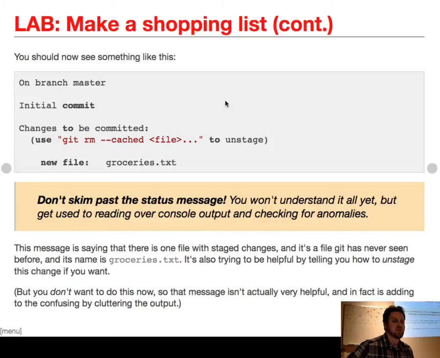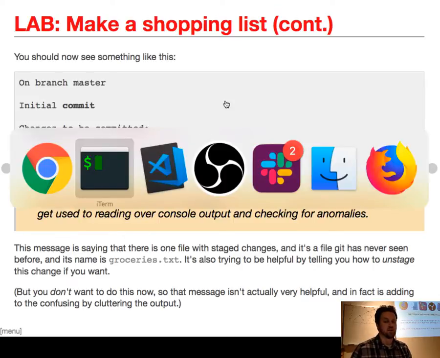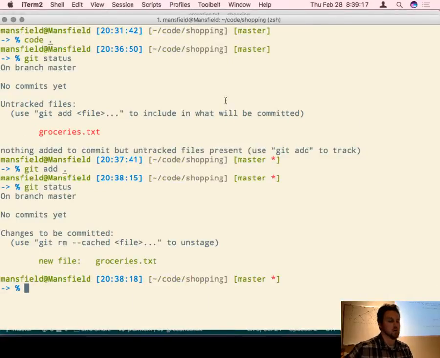What we're saying here is that we have not actually committed the changes that groceries.txt has inside of it. If we go back to the terminal here, we note that Git tells us what we can do differently here to pull this out.